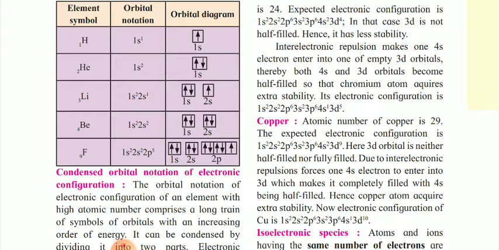Suppose we take the example of lithium: 1s2 2s1 means the 1s orbital is completely filled, and the next electron goes into the next subshell, that is, after filling the 1s, the electron enters the higher energy level, that is 2s.